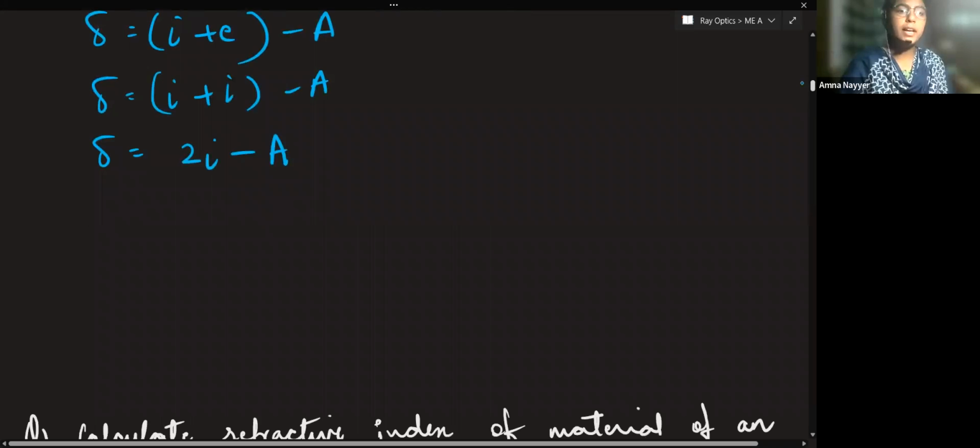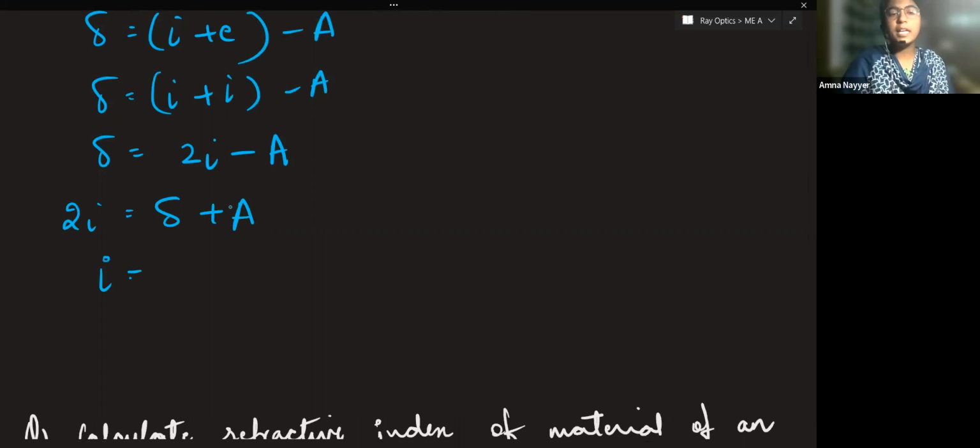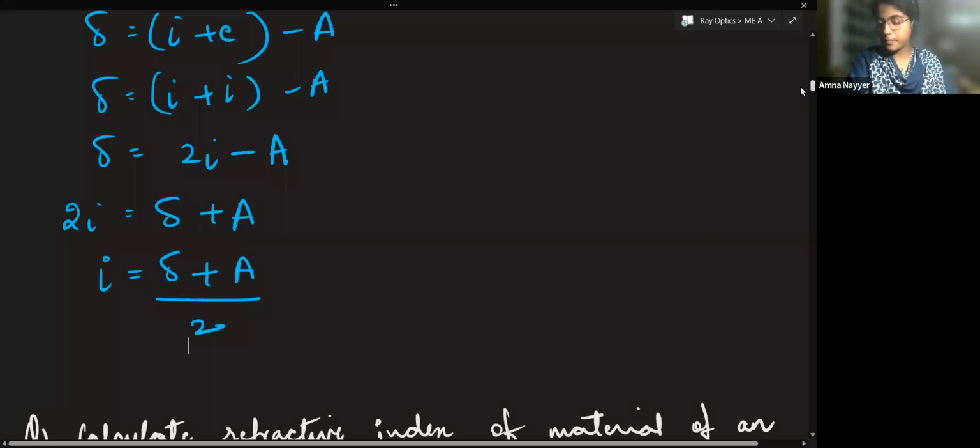I can write 2I as delta plus A, right? Angle of deviation plus angle of prism. So I is (delta plus A) by 2. This is I. Fine, class. Now see.